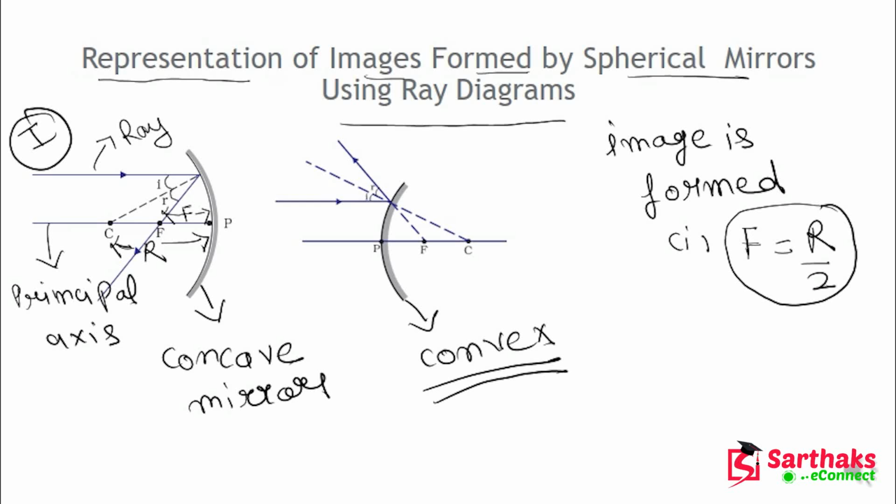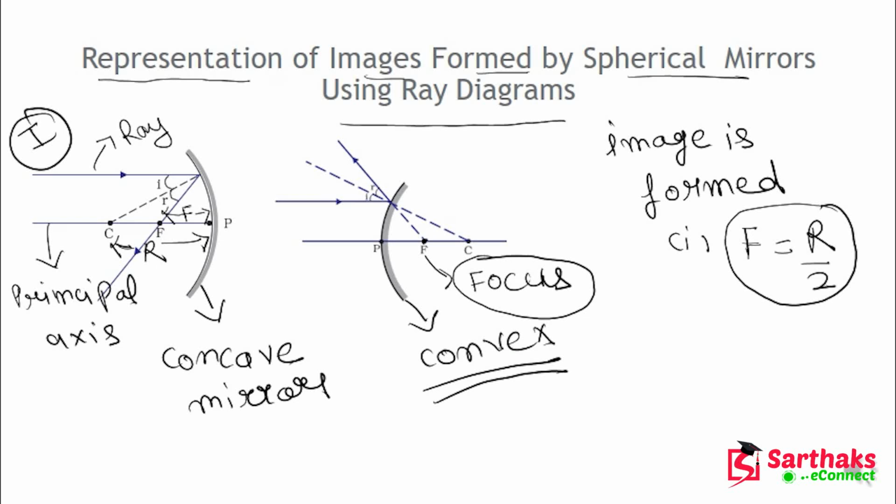So we extend it in the backward direction. The point where it appears to meet is known as the focus. In this case the rays are not actually meeting; we are extending it, or assuming it to meet at this point. That's why this point is known as the focus. I hope you got my point.